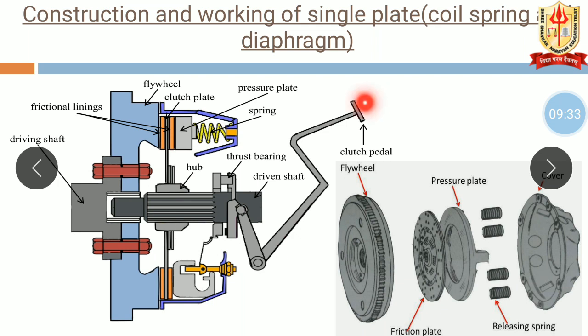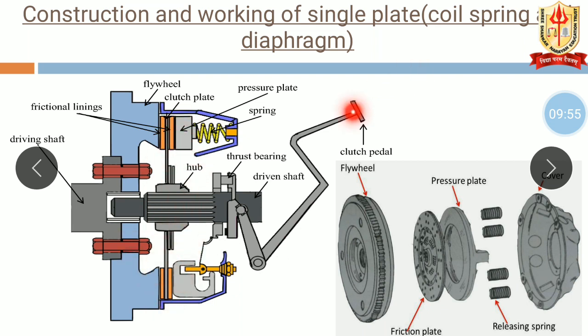After that, when we release the spindle pressure, the retracting spring is going to push the pressure plate so as to engage the clutch plate to the flywheel. So again it is going to rotate as a single unit.